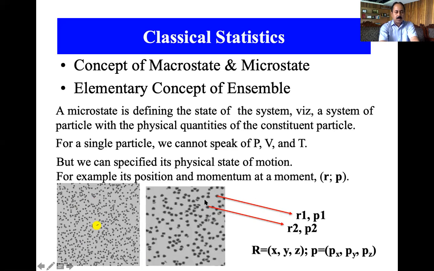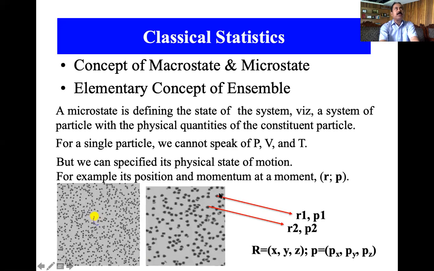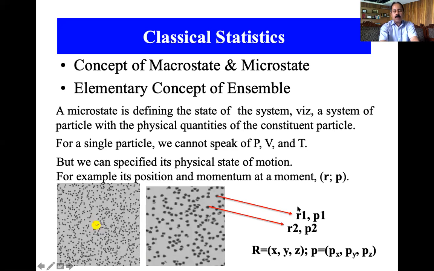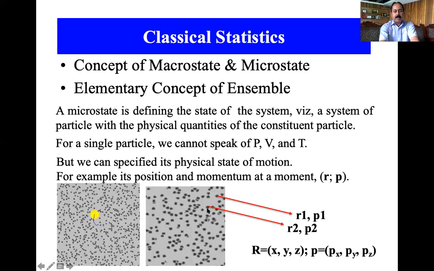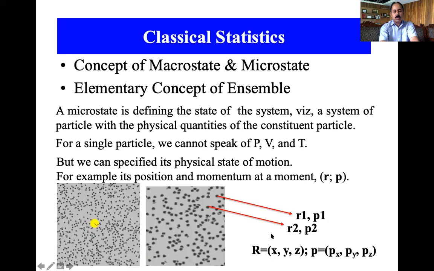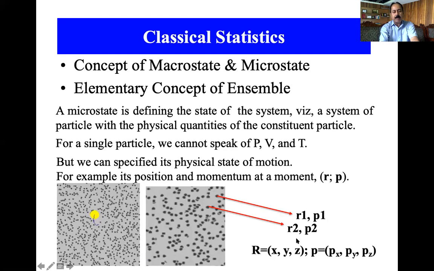Consider one particle with position, say R1, and its momentum given by P1, and another particle, particle number 2, with position R2 and momentum P2.